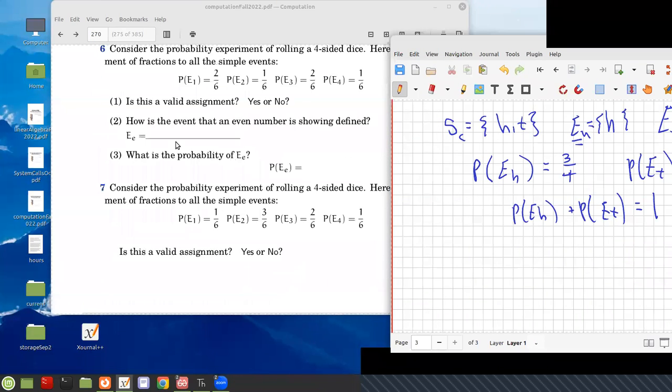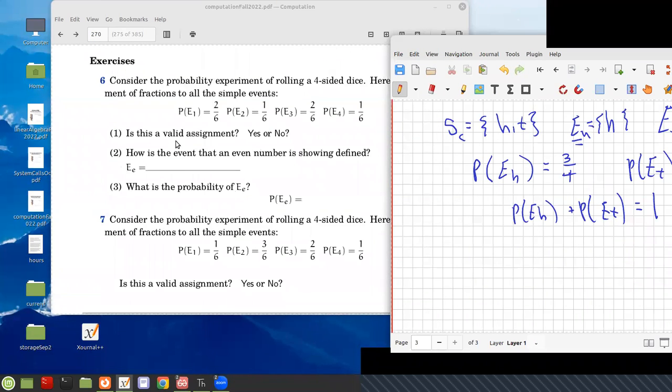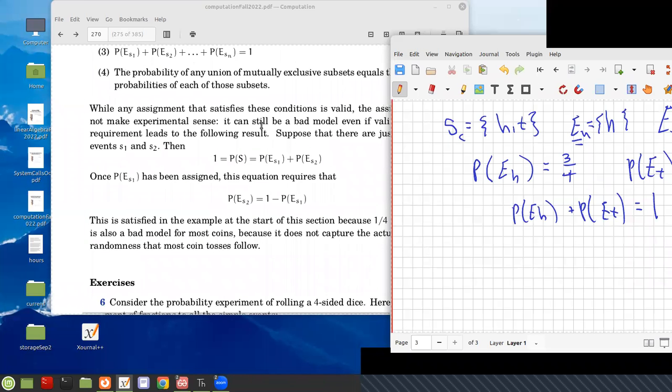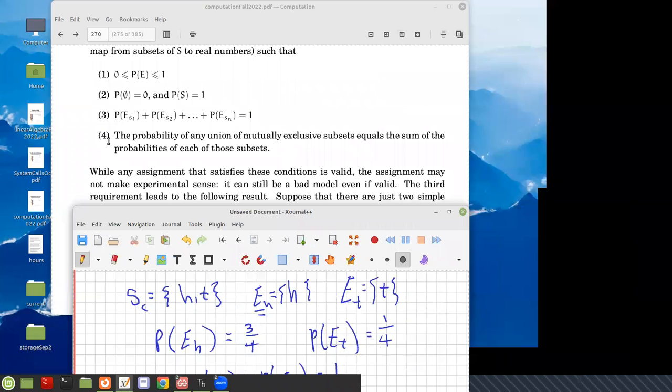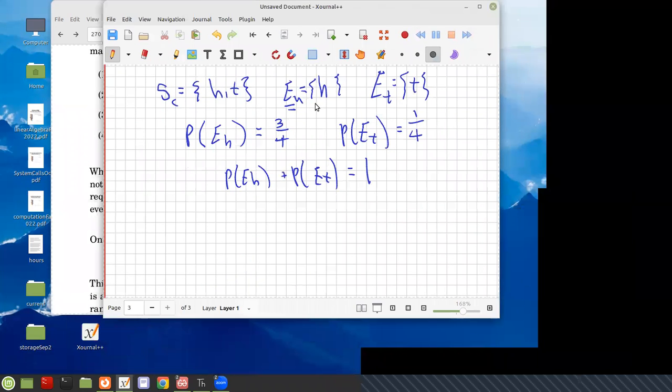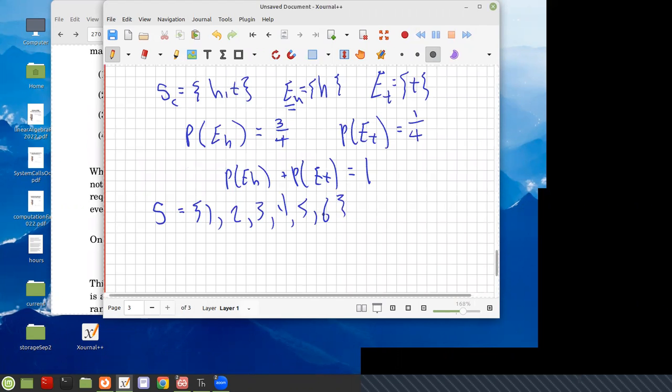But there's a problem, so let's start with this extra piece here, number 4. The probability of any union of mutually exclusive subsets equals the sum of the probabilities of those subsets. So let's look at the die, where the sample space is 1, 2, 3, 4, 5, 6.